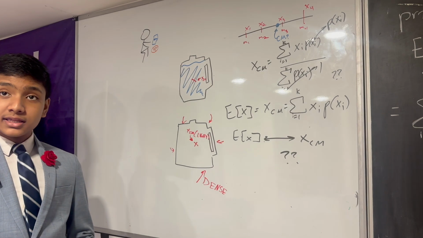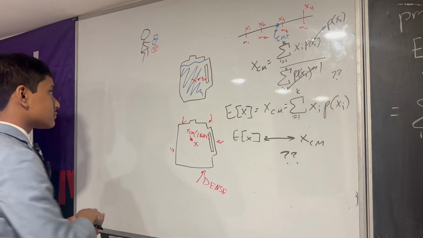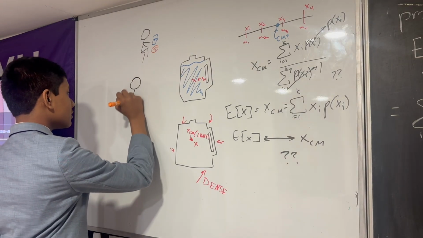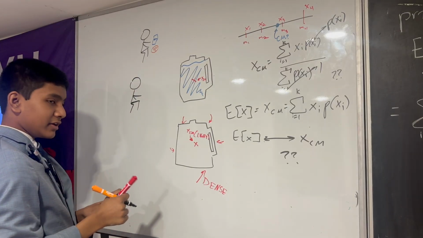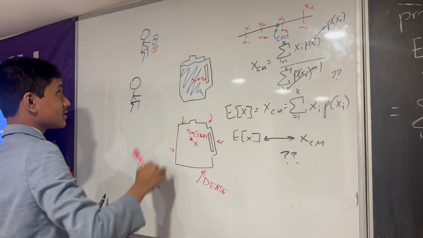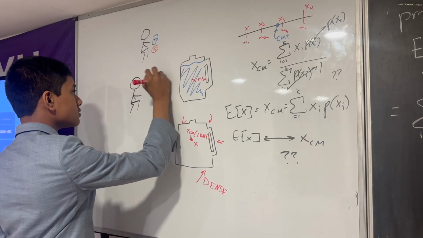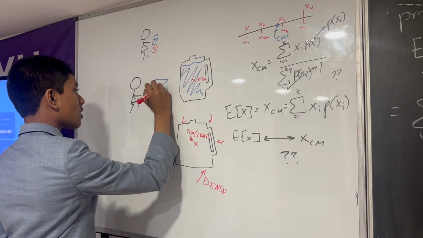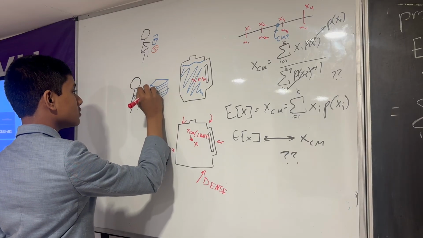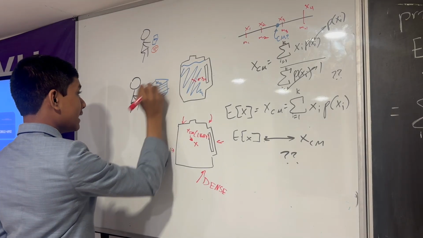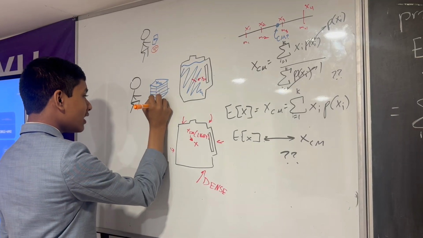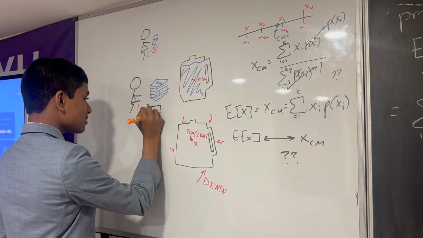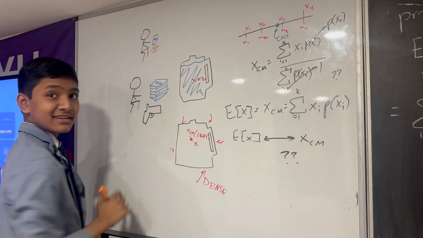Now, let me give you a second offer. You are given $1 million if you have the guts to play Russian roulette.